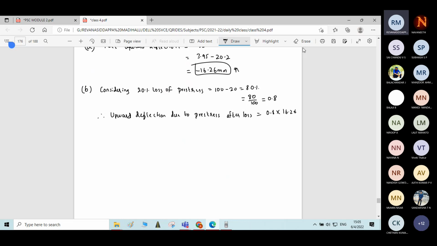Sorry, 20.2. So you'll get the answer as minus 16.16 mm. So upward deflection due to prestress will be reduced now. The negative sign indicates upward deflection.